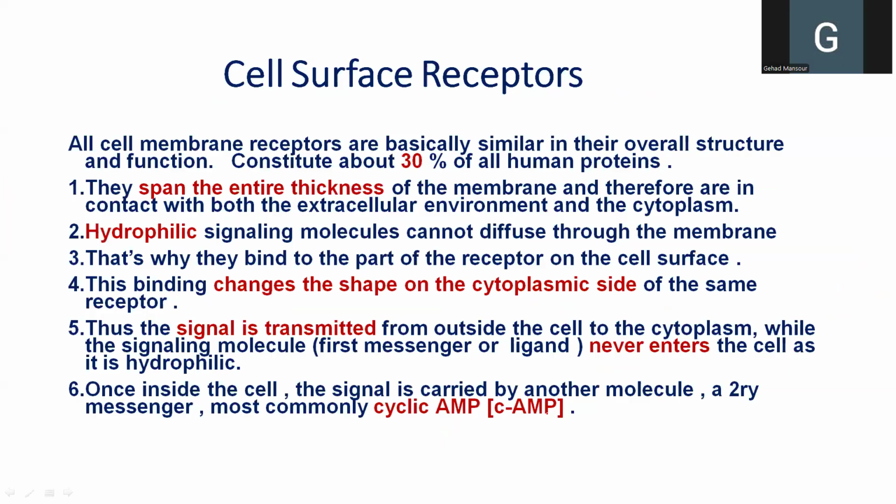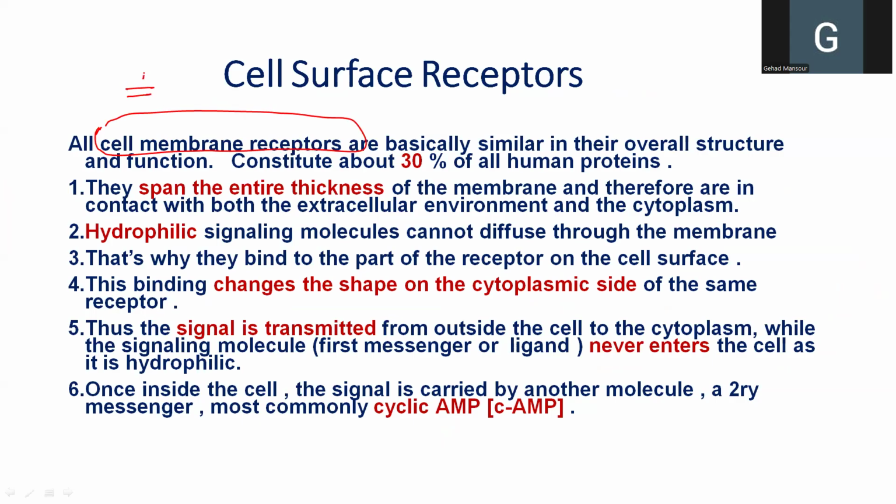Now, since the cell surface receptors initiate the process of signal transduction, we have to study them in more detail. Why are we always specifying and saying cell membrane receptors?